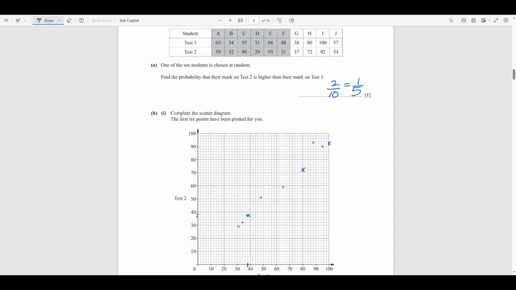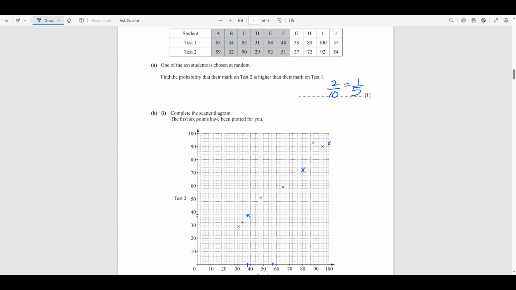So this is 92, and then we have 57 and 54. So 57, this is 58, this is 56, so 57 will be right here in the middle. Okay, and then we have 54. So this is 2 blocks away, up from 50.